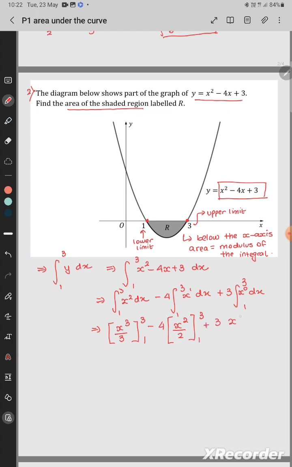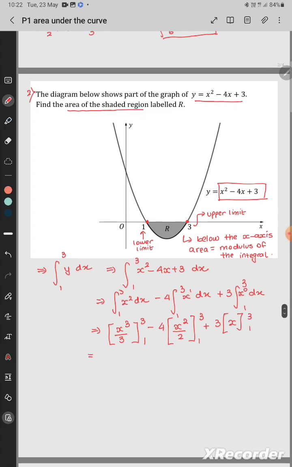And this is x to the power 0 plus 1, so 1 by 1. Okay, so I'm writing just x, and the limits 3 and 1. So let's put the values outside the bracket. So 1 by 3 x cubed, limits 3 and 1. So this will go 2 times, so minus 2 x squared, limits 3 and 1, plus 3x, limits 3 and 1.